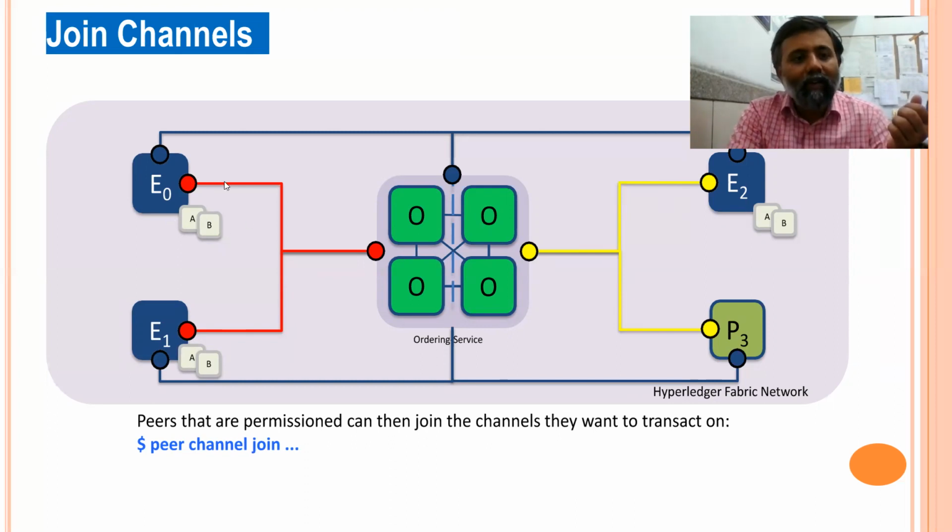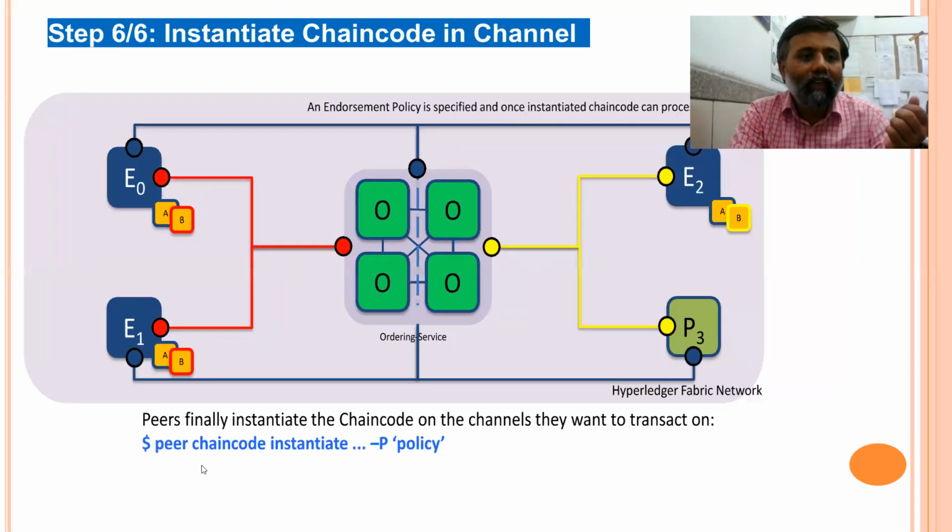So the next step will be the joining of the channel by the peer nodes. Again, for that, we have CLI commands. Then the last step we have is instantiating the chain code on the channel.